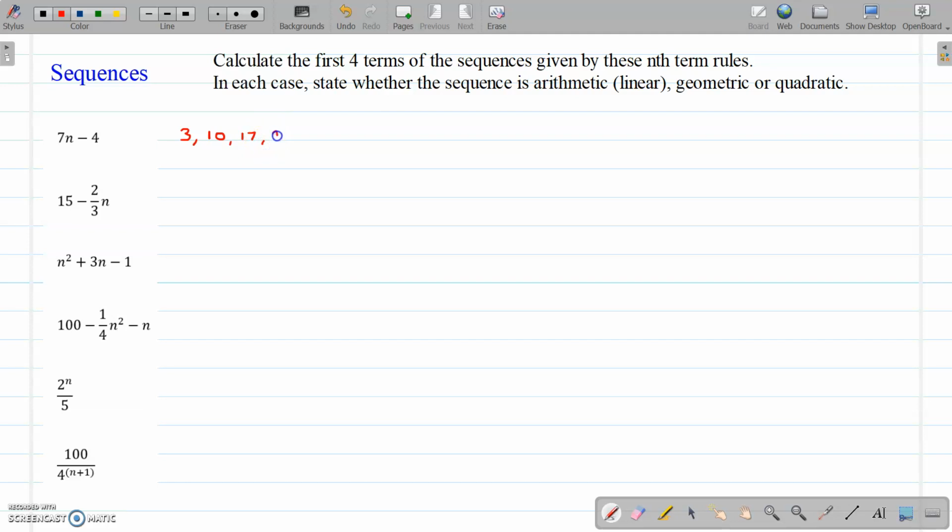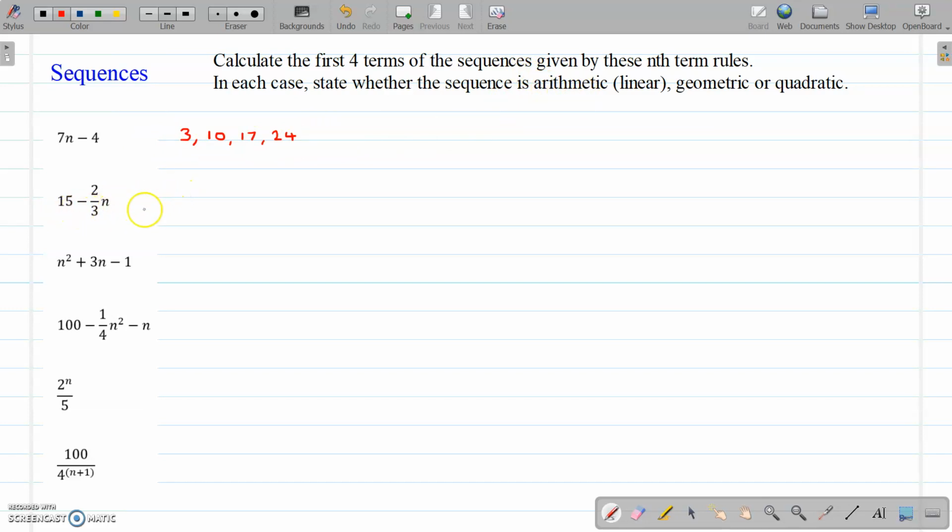Now that is a linear sequence. Okay, and the reason we know that is because it's going up in equal steps of 7 each time. Okay, and it would carry on going up in sevens. Okay, it's also called an arithmetic sequence.